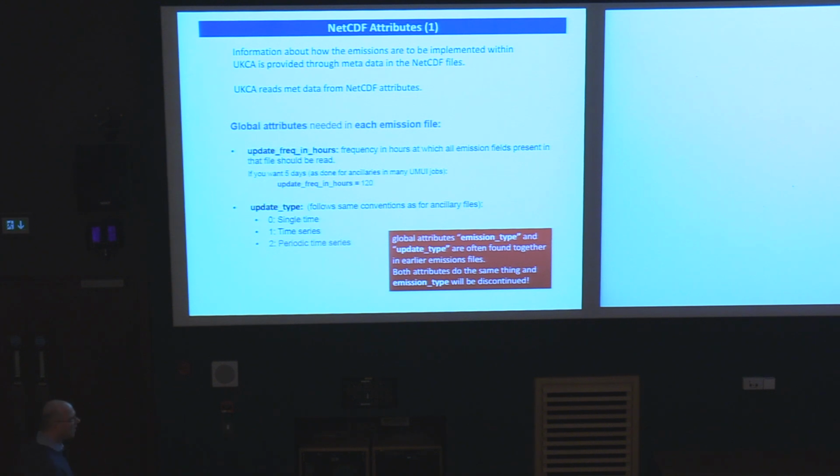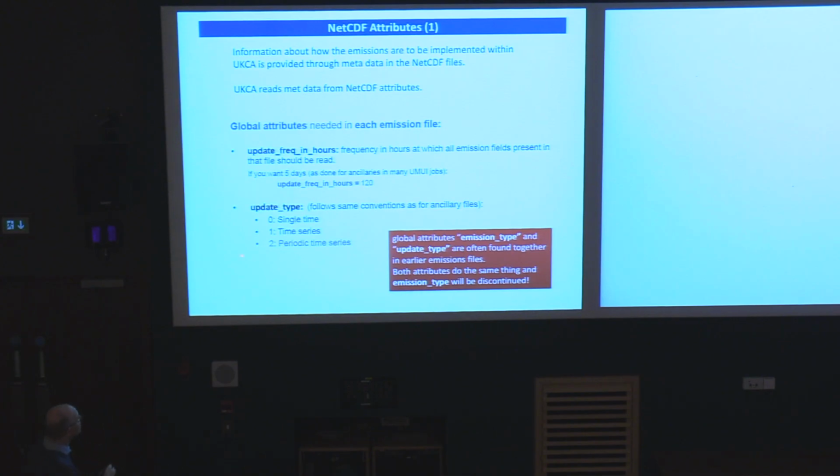And if your model run starts on the 1st of September 1975, the model will look in your emissions files for the exact data point that corresponds to the 1st of September 1975 and start reading the emissions from there. In this case, your emissions file, of course, needs to extend over the whole duration of your planned model experiment.